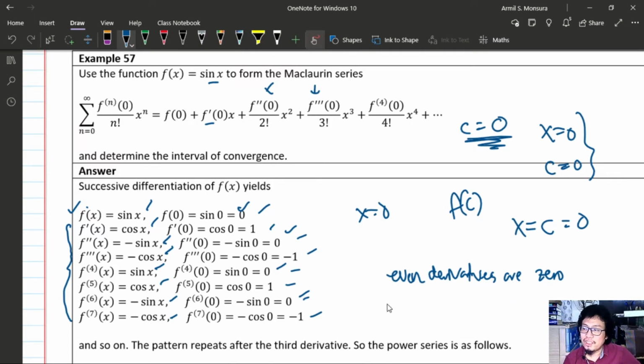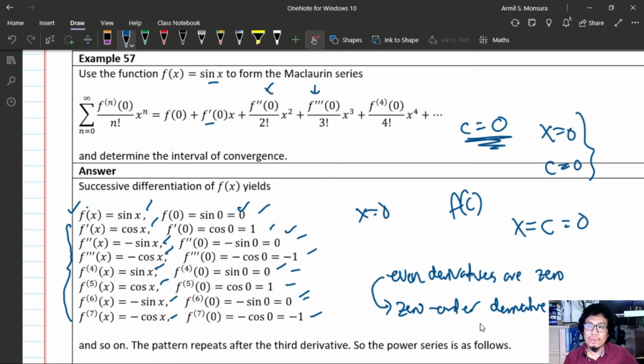So you can say that even derivatives are 0, including this 0 order derivative.